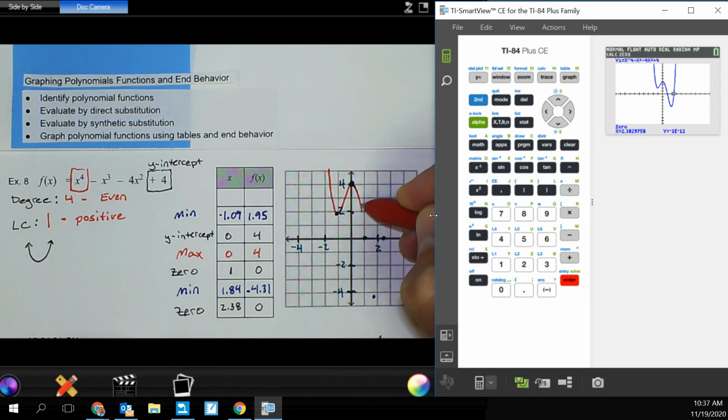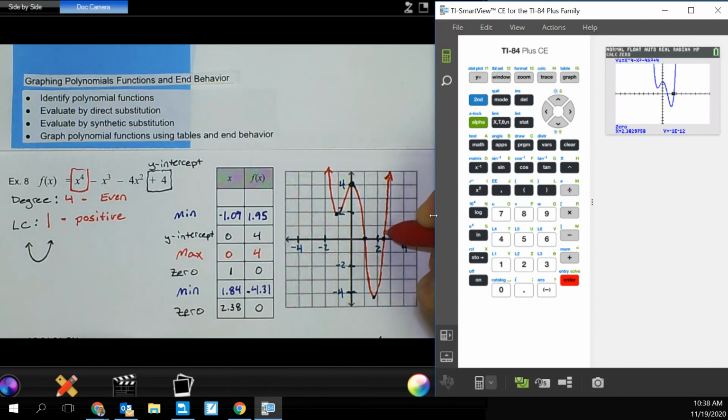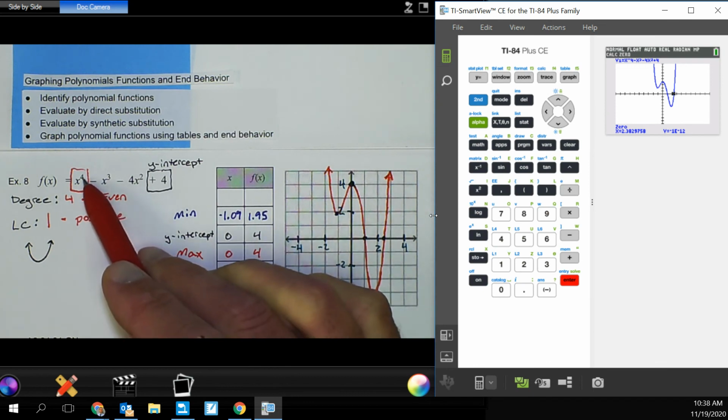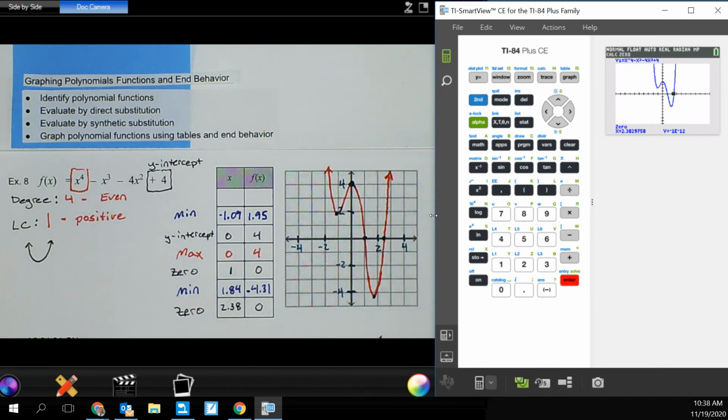Then it's going to come back down through the 0, go down to the minimum, and then it's going to go back up through the 0 and then head up to infinity. So my end behavior is going in the same direction for both because it's an even degree with a positive lead coefficient.